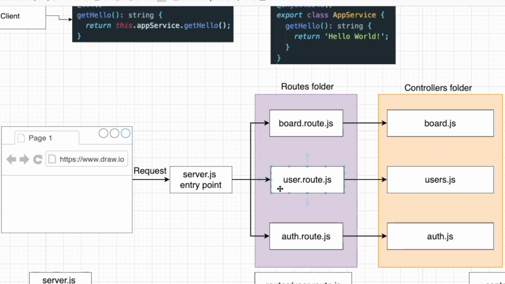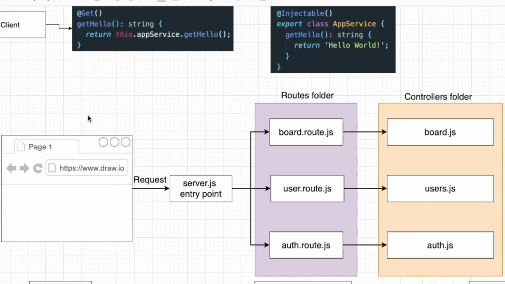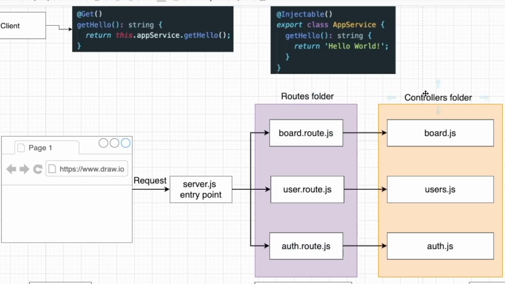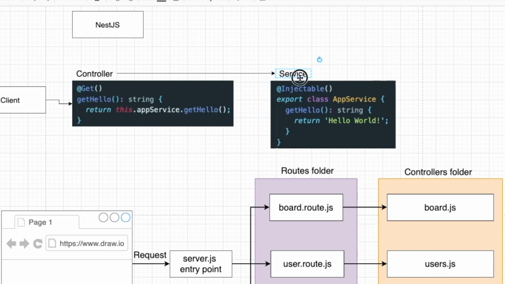If it is about authentication, we send that auth request to the auth part. And if it is about the board, we need to send that to the board part. But in NestJS, this router part is the controller, and in Express.js, the controller part is like the service part in NestJS.